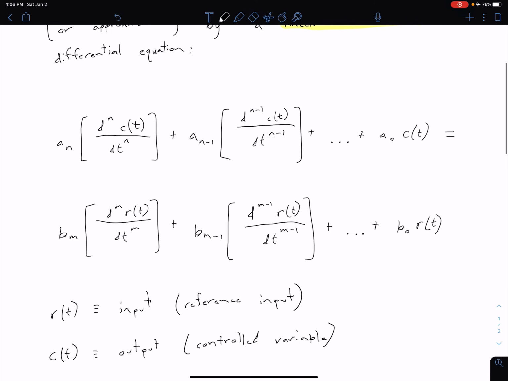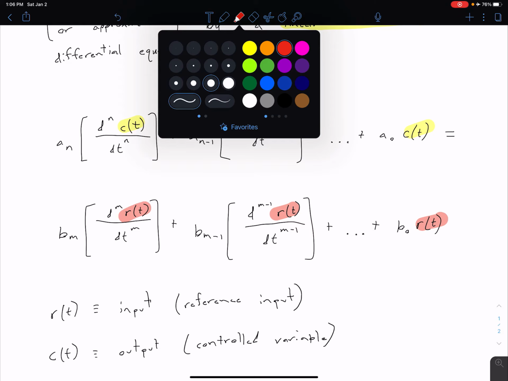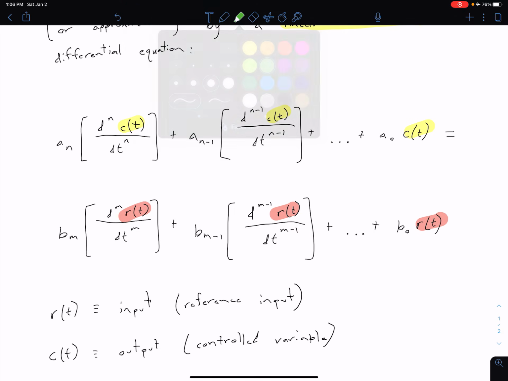If we come back up here to our equation, we can see that we have our output c of t on one side. On the other side, we have our input r of t in all of these terms. And all of these other coefficient terms, a sub n, a sub n minus 1, a naught, b sub n minus 1, and b naught, are all describing our system.